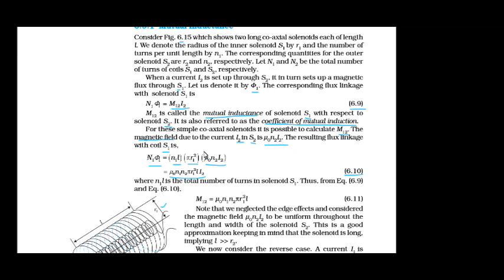The resulting flux linkage with the coil S1 is N1 phi 1, where capital N1 is equal to N1, the number of turns per unit length, into the length. You have to remember this.